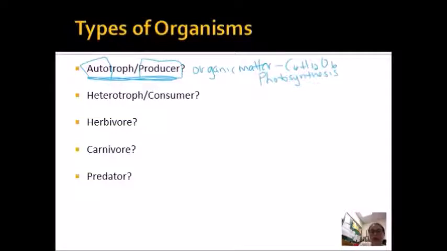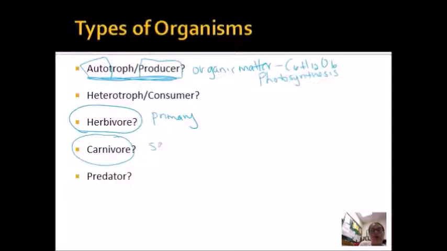The next is the consumer. This is the organism that has to eat, they have to hunt, they have to gather, they have to collect their organic matter from the environment. These are going to be your herbivores, which are typically your primary, your first consumers, your first to eat. So you have your primary consumers, and then your carnivores, which eat meat.